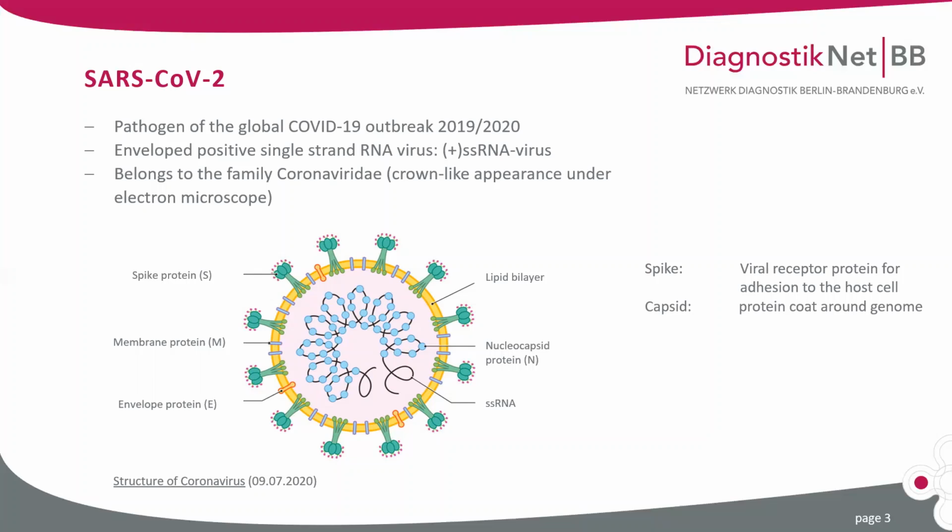We will go into detail on them in a bit, but just to make one thing clear, at the moment the world is focused on the spike protein, which enables the virus to enter the host cell. It is the viral receptor protein for adhesion to the host cell receptor. And there is the nucleocapsid protein, that is the protein coat around the genome of the virus.